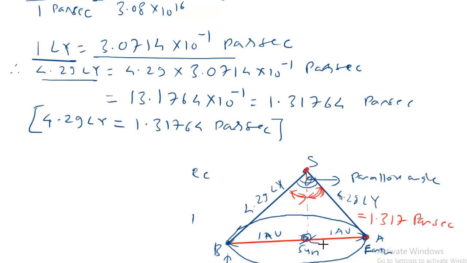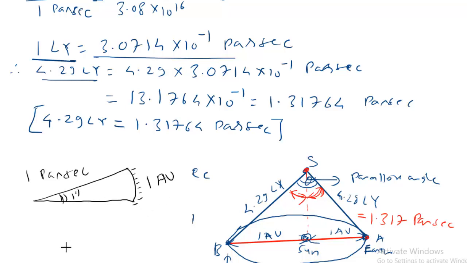Now according to the definition of parsec, 1 parsec is the distance from which the arc of 1 AU subtends an angle of 1 arc second.